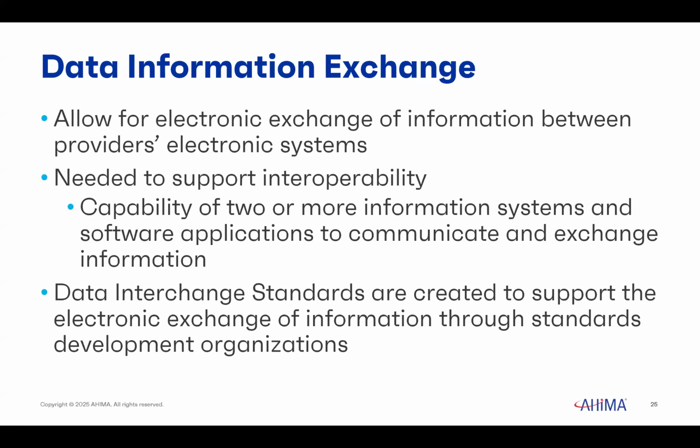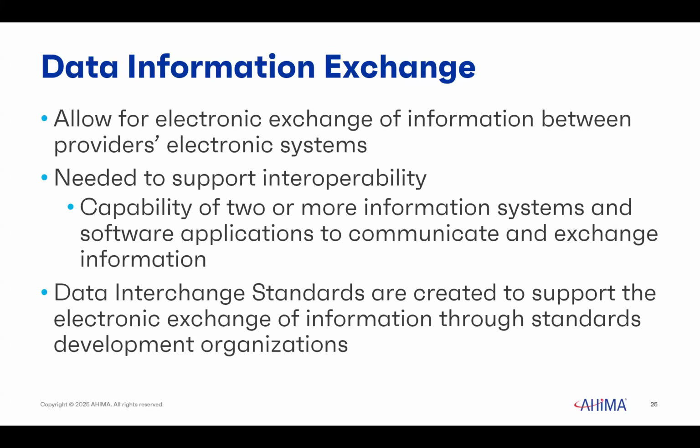So the way to get around this is to make data interchange standards that support this type of electronic exchange of information. Maybe you fill in the extra characters with leading zeros or leading nines, or have an interface that translates it. They're all different types of ways, and most of these things are really outside of our scope.